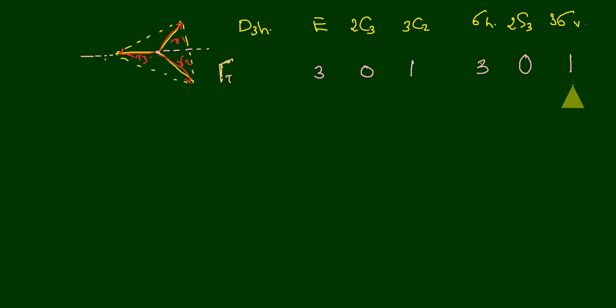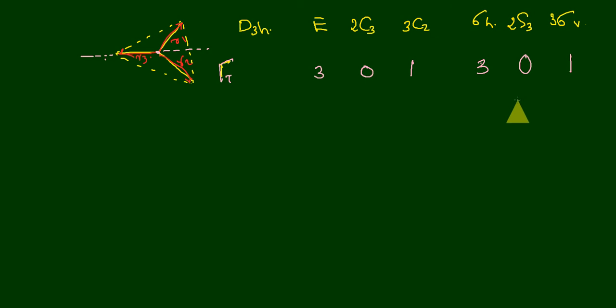See, now you constructed the total character of this molecule very easily without constructing the matrices. You just looked at how the bond vectors behave during every operation, whether they change their position or retain their position. Based on that, you have constructed the total character corresponding to a reducible representation for the transformation of the bond vectors. These total characters are very important.